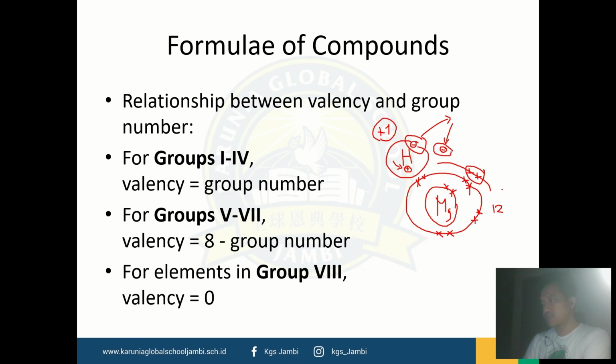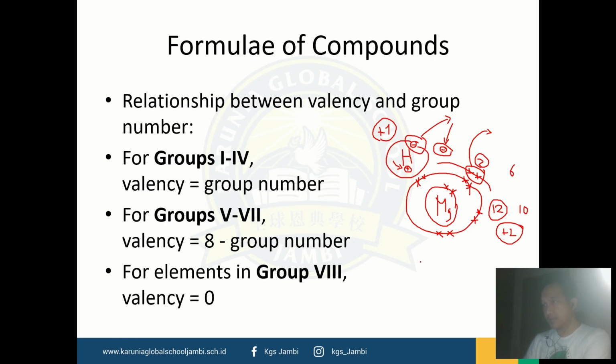But attracting 6 electrons compared to releasing 2 electrons, the number is smaller for 2 electrons, so it is easier to release the 2 electrons. If they release 2 electrons, they will lose 2 negative charges. That means their protons remain 12 while their electrons only 10 left. So their charge will be plus 2.